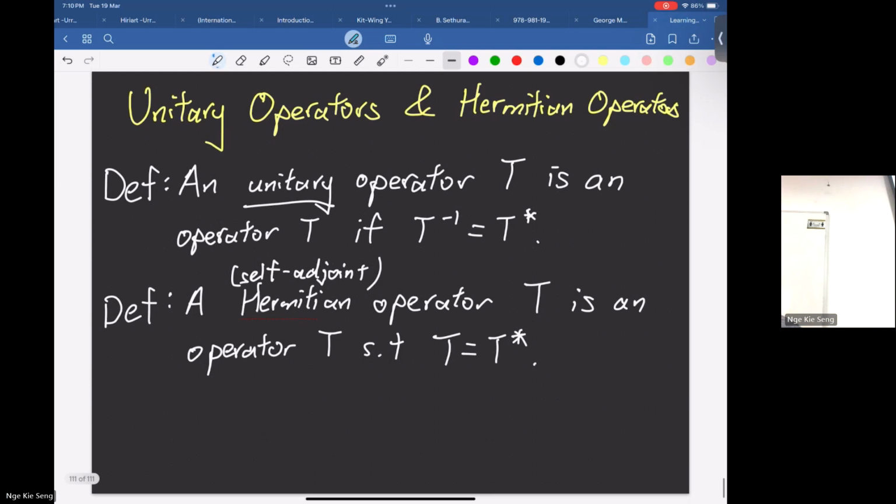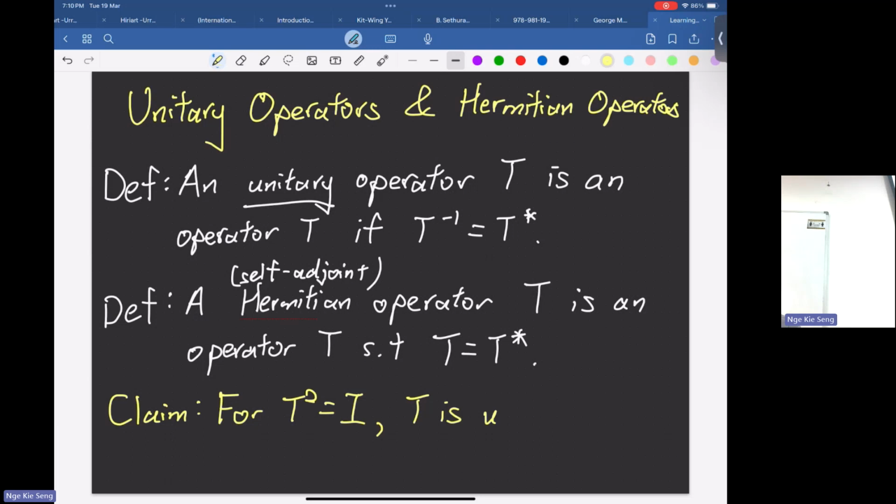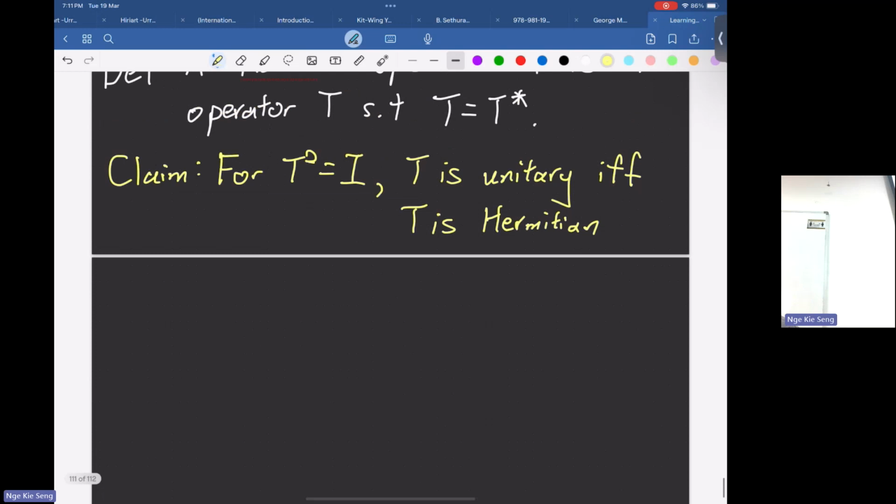The claim is: for T squared equal to identity, T is unitary if and only if T is Hermitian. This is the claim. So let's prove it.